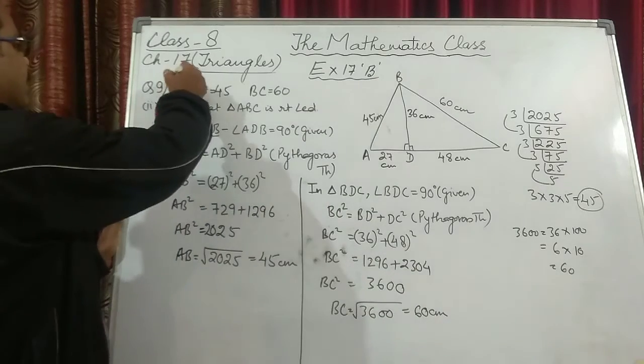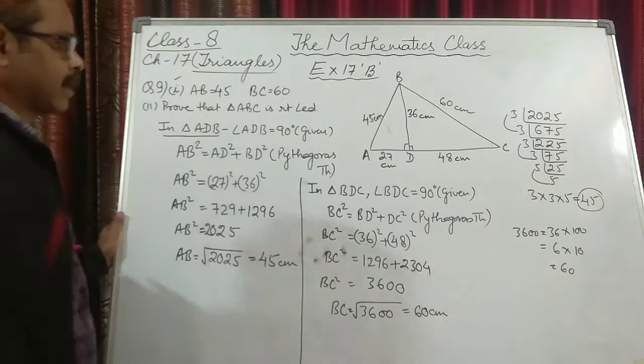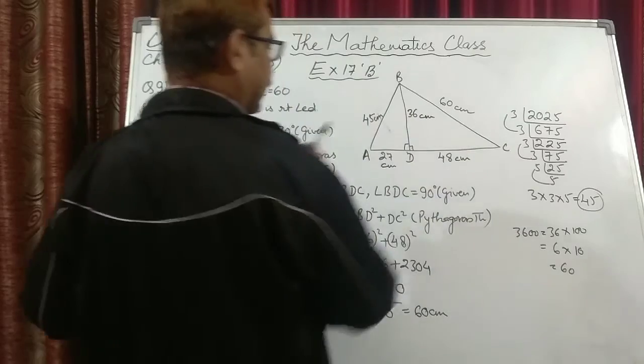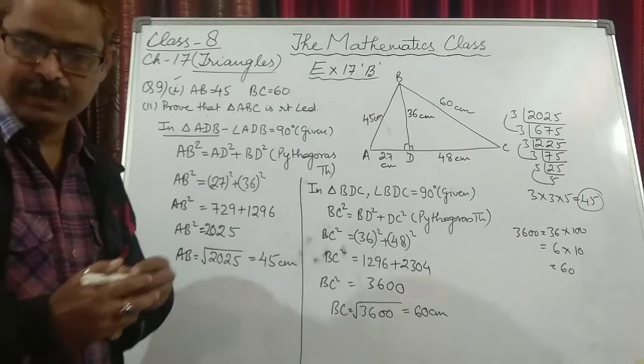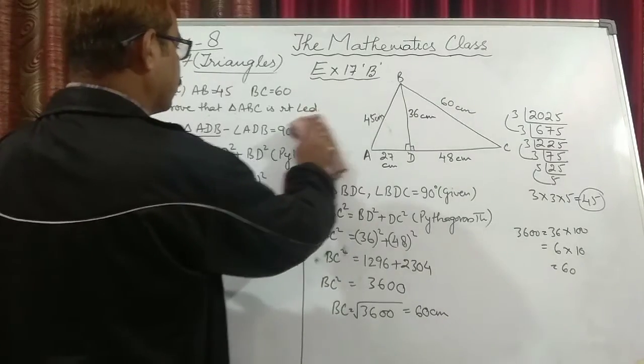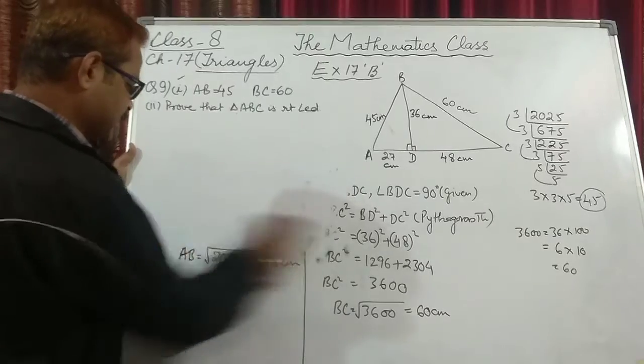In the second part we have to prove that triangle ABC is a right angle triangle. So what we will do is find out the longest side.